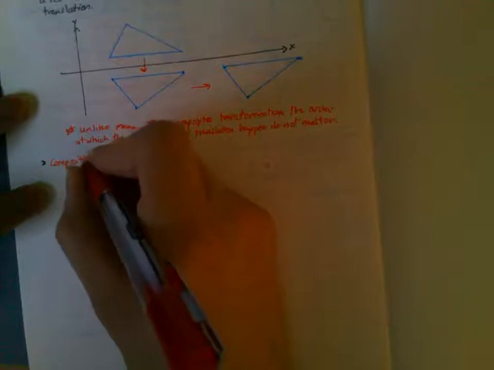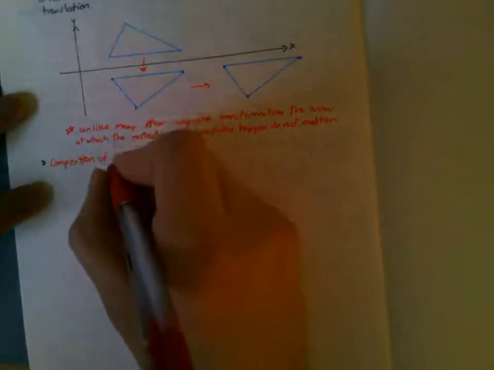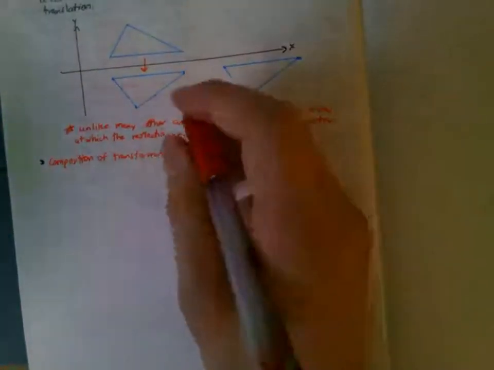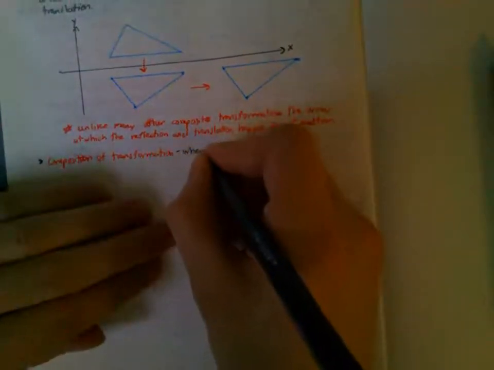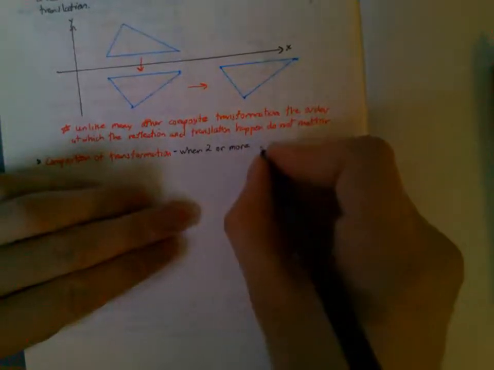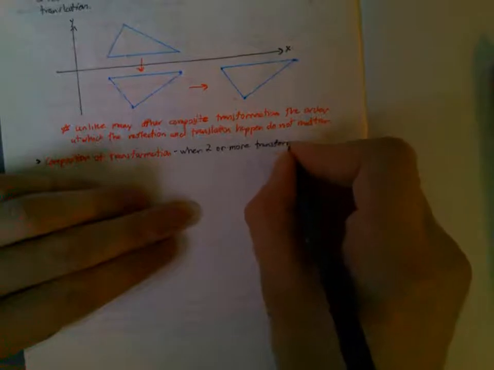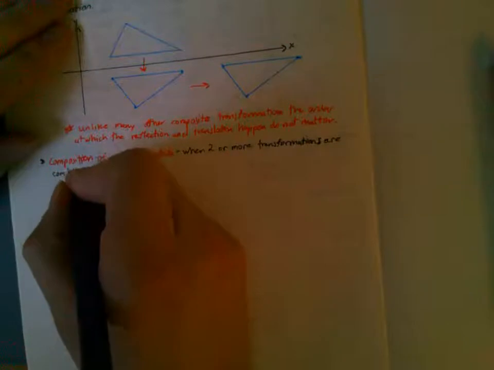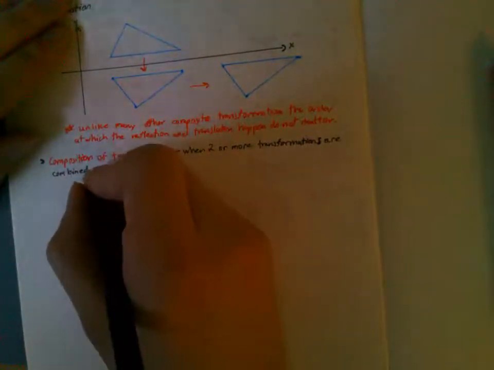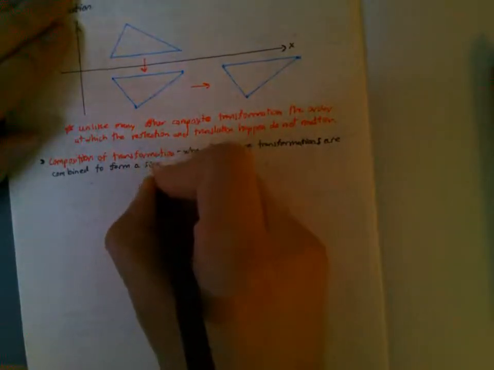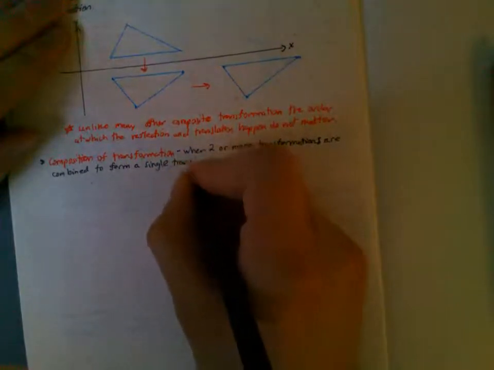Composition of transformation: when two or more transformations are combined to form a single transformation.